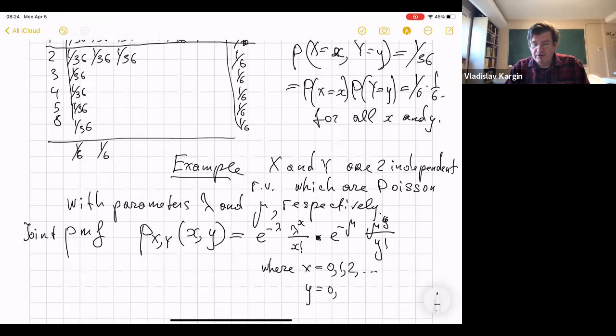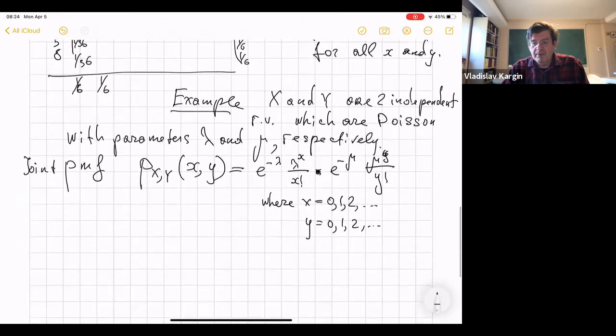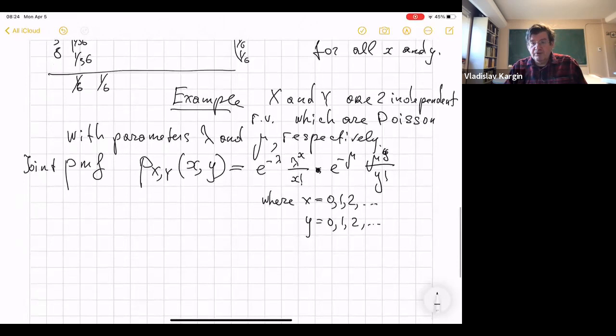Y can be 0, 1, 2, and so on. And so when I say that X and Y are two independent random variables, which are Poisson with a given parameter, I totally describe their situation. And so I can write down their PMF.